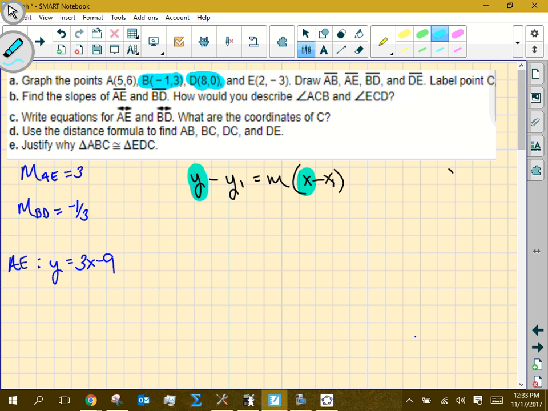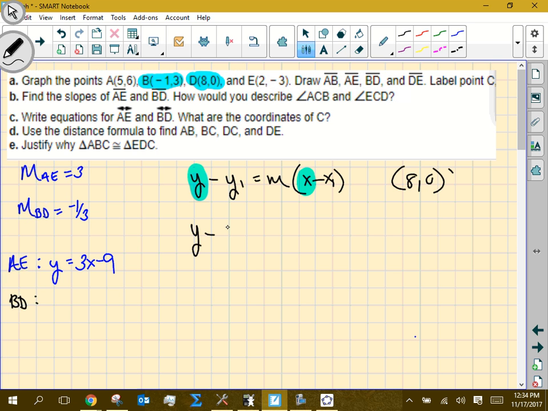If I want to add something or multiply by something, what is the easiest number to add to anything or to multiply by anything? 0. 1 is awesome. 1 works. 1 is really easy, but 0 is even easier. So if I have an option of an ordered pair on my line BD that has a 0 in it, I'm going to use that one. So I'm going to use 8, 0.